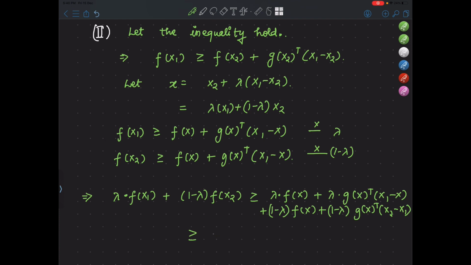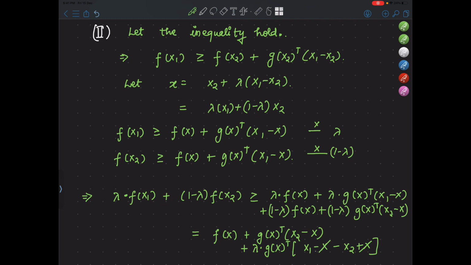With a small rearrangement of the terms, you can see the lambda f(x) terms combine and we are left with f(x). Then we have a term g(x) transpose (x2 minus x), plus we also have a term multiplied with lambda and g(x) transpose, inside which it is x1 minus x minus x2 plus x.